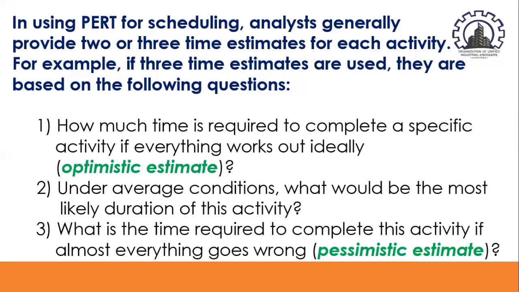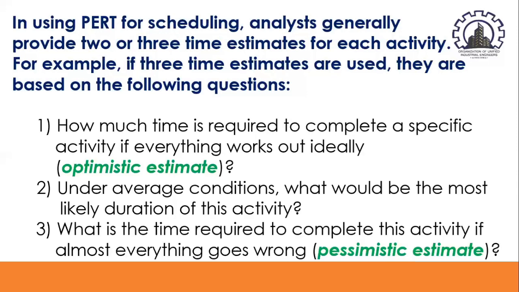And second, under average conditions, what would be the most likely duration of this activity? And third, what is the time required to complete this activity if almost everything goes wrong? Now, this refers to the pessimistic estimate. With these estimates, the analyst can develop a probability distribution of the time required to perform the activity.